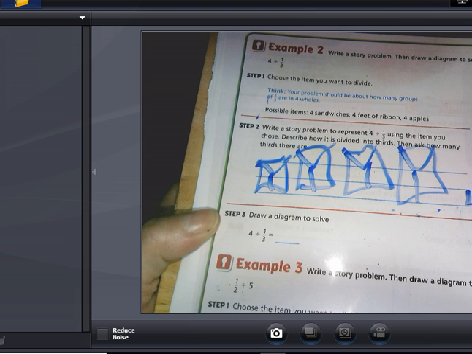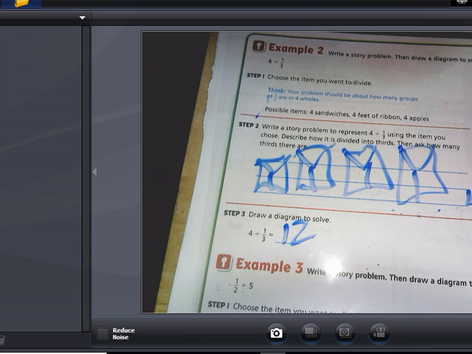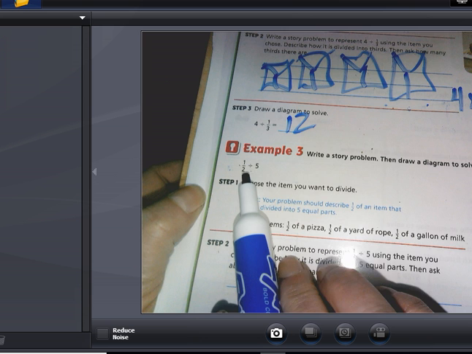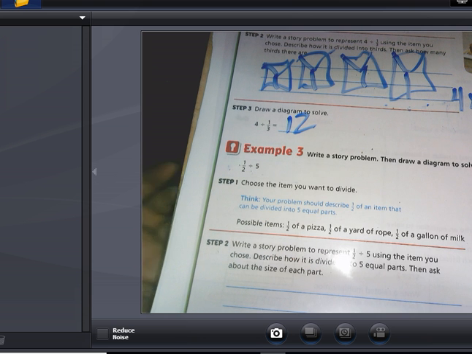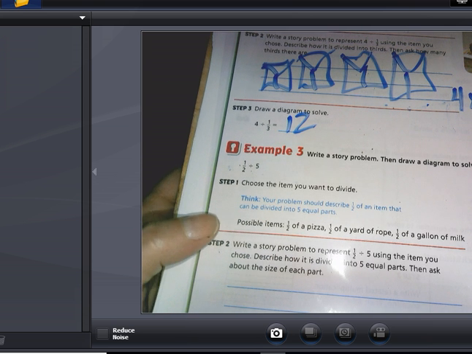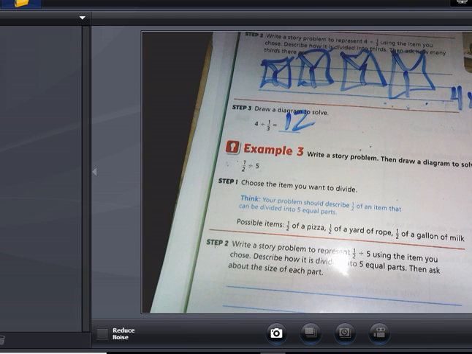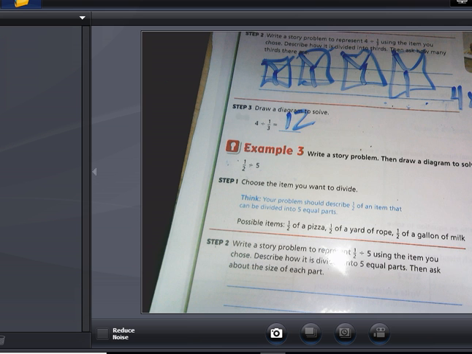Let's do this one. It says I'm starting off with a half and I'm dividing it 5 ways. Well, I have a pizza. I have a half of a pizza left over. Here's my pizza. This half is left over. I have 5 friends come over and we have to divide it equally into 5 equal parts. I have to divide both sides by 5, even though I only have half of it. Each friend is going to get 1 chunk.